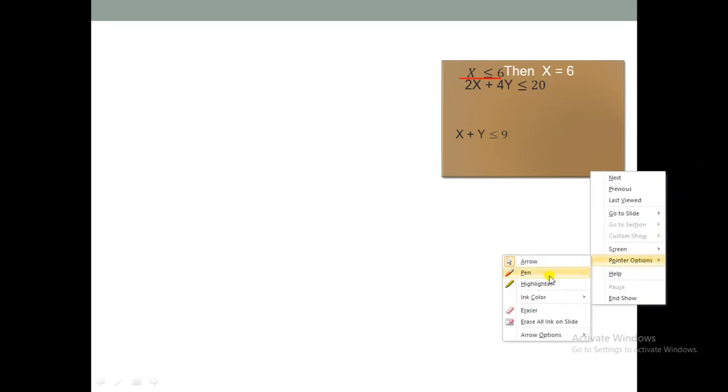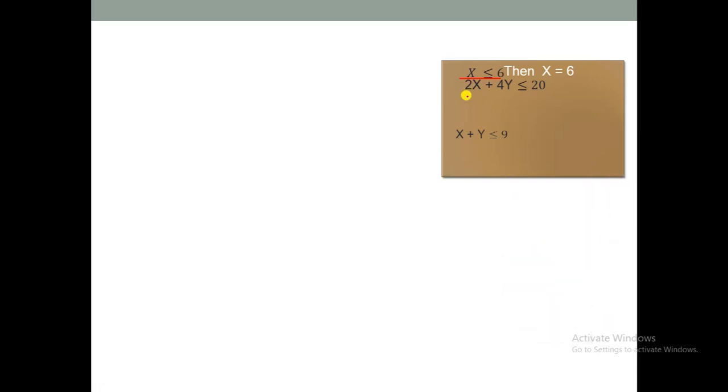Now the second constraint is 2x plus 4y less than or equal to 20. How are we going to convert this? Simple, 2x plus 4y equal to 20.